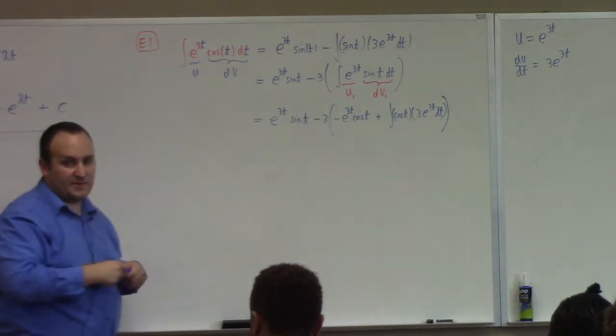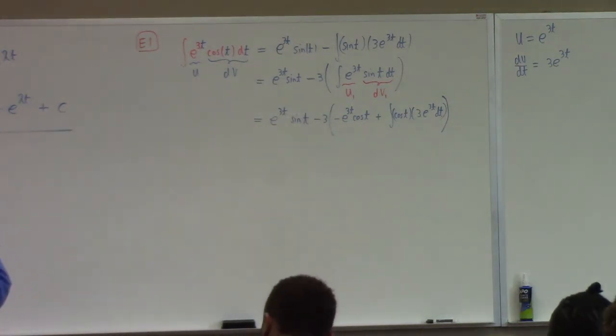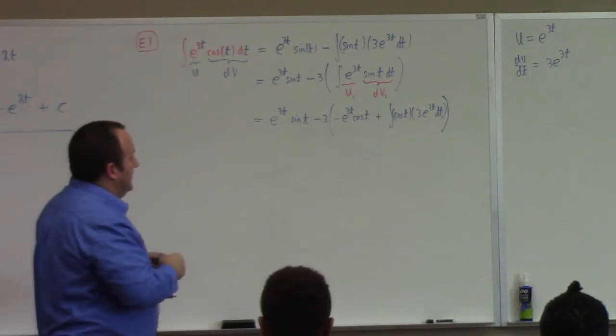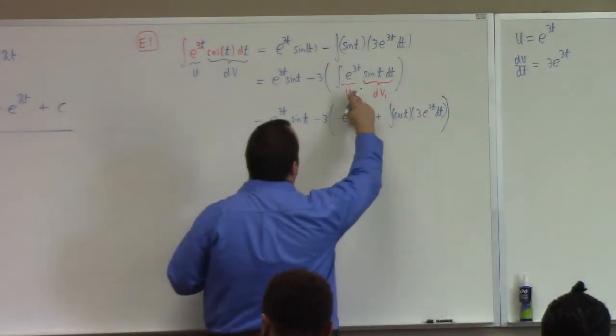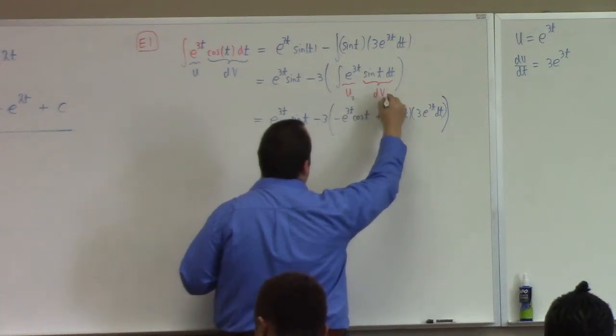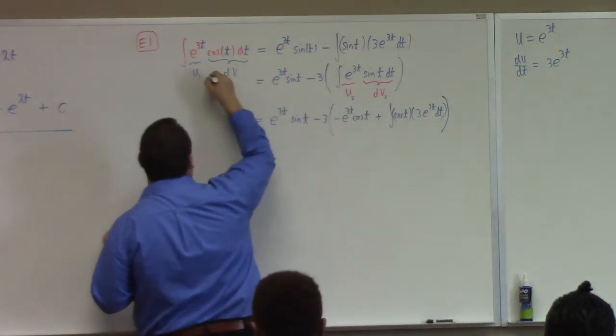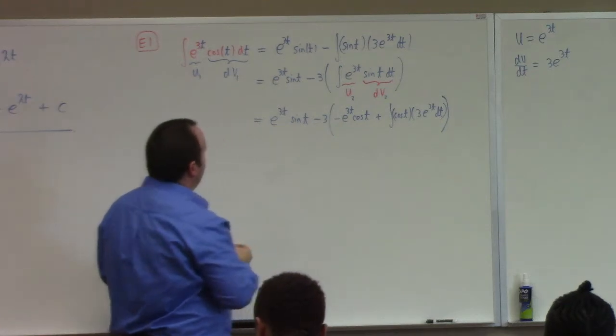Minus minus gives me a plus, because I get a minus from the integration by parts, but I also have a minus from the integral of dv1. I guess I should make those two, sorry, it's bothering me. This would be u2 and dv2, and this would be u1 and dv1. As you can see, they're not the same, right?